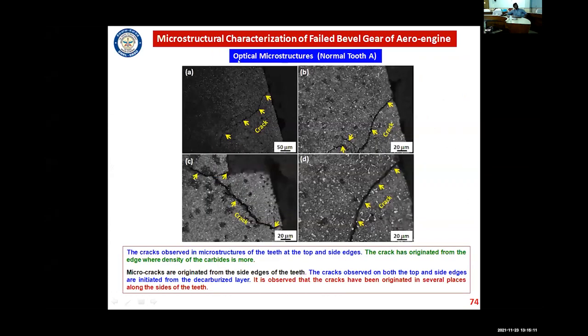And if you see the optical microstructure of the normal teeth, this is where the material has not come out from the surface of the teeth. But the problem is that even the normal, undamaged ones might have resulted in a damaged condition.